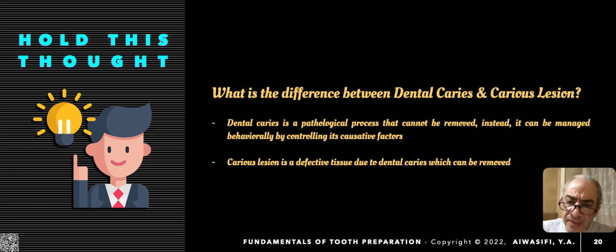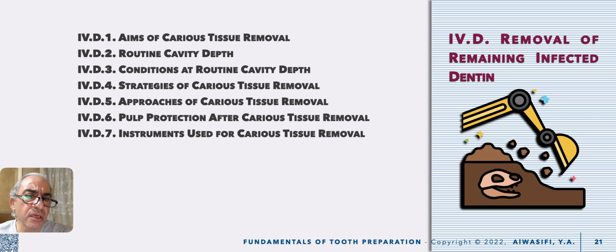We will discuss this topic in terms of aims of carious tissue removal, routine cavity depths and their conditions, the strategies of carious tissue removal, the approaches of carious tissue removal, how you could protect the pulp after carious tissue removal, and the instruments used for this purpose.